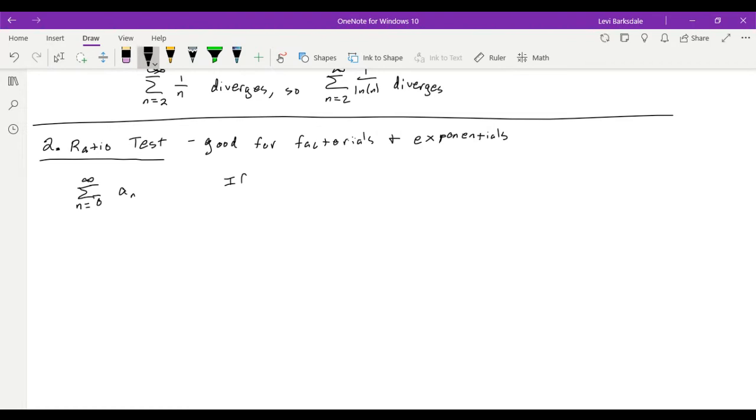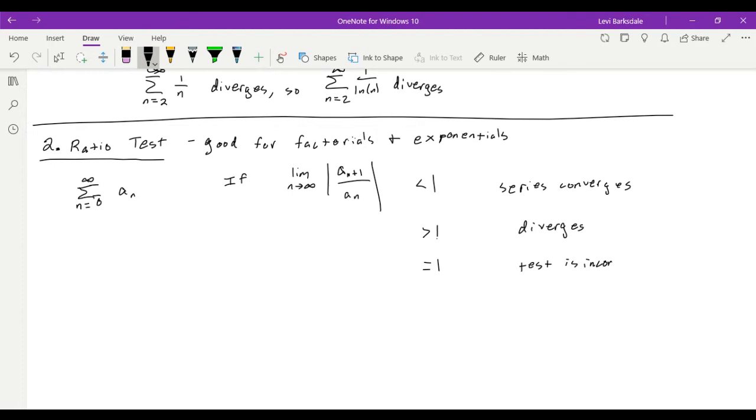Well then, if the limit as n approaches infinity of this fraction, which we're going to call a sub n plus 1 over a sub n, is smaller than 1, we say that our series converges. If it's larger than 1, it diverges. And if it's equal to 1, our test is inconclusive, and you would need to apply a different test.